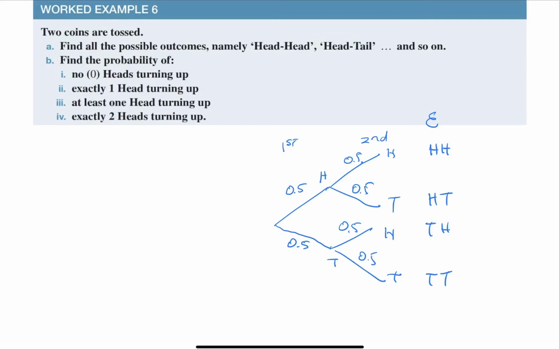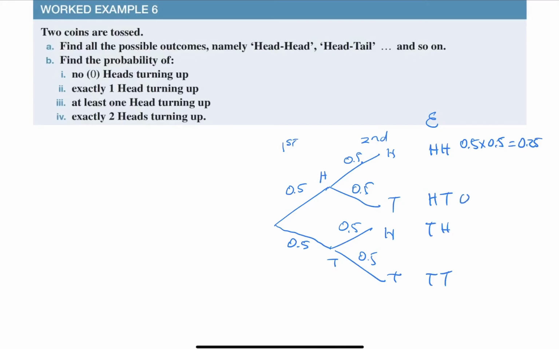To get each one of those, what we do is we say you have a 1 in 2 chance to get a head, and then another 1 in 2. So to get both of them is a half times a half, so it is 0.5 times 0.5, and that gives us 0.25.